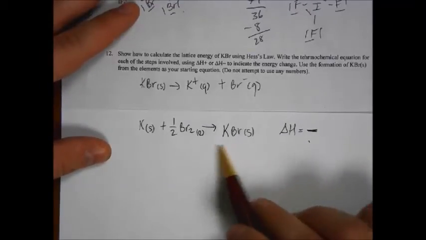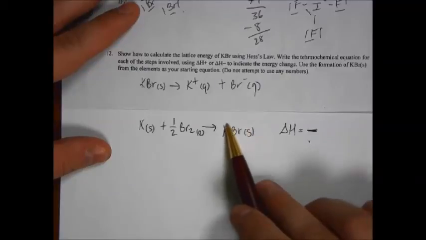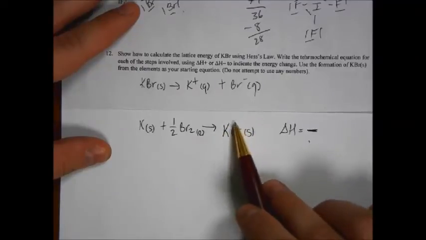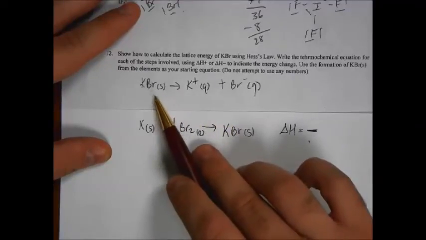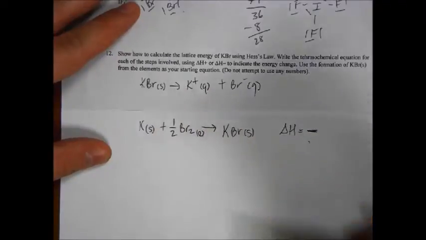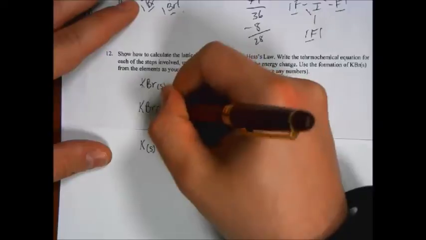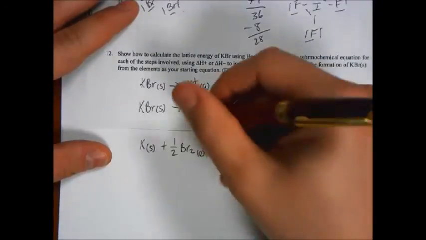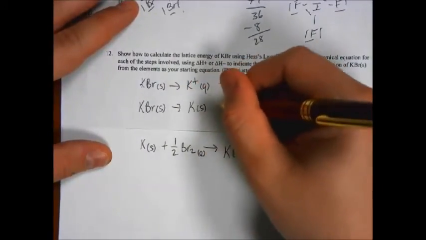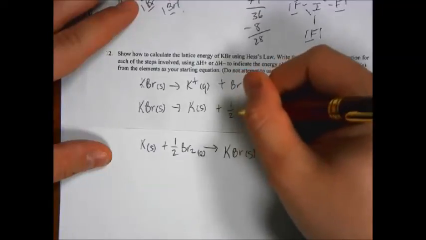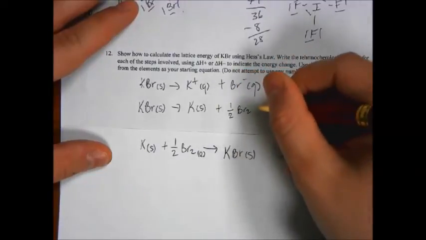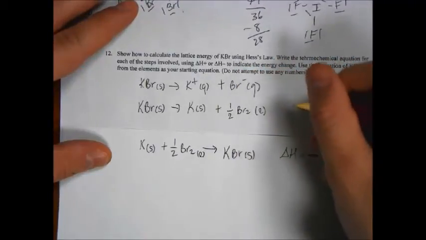So in this case, we're going to have to flip this one, right? In order to get KBr to be on the right side, it has got to go over here so that it appears on this side. Okay, so KBr solid is going to go to K solid plus 1/2 Br2, and this is going to be a liquid.